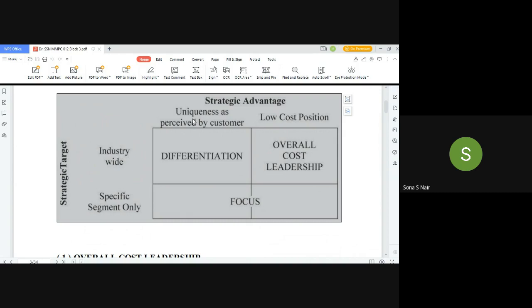We might decide to have a lower cost and appeal to a wide segment of the industry, or we might decide to differentiate ourselves, to build features which are valued by some people or valued by the whole industry. Okay?